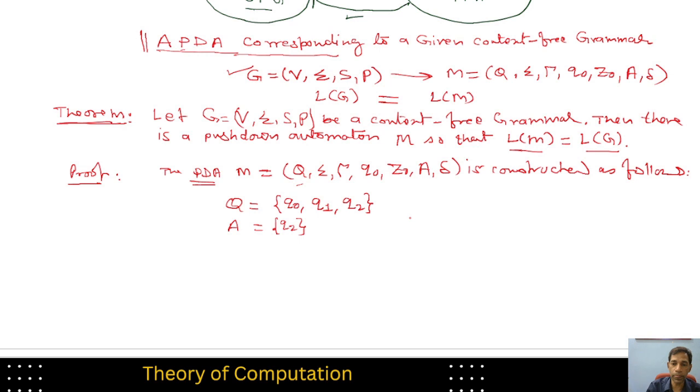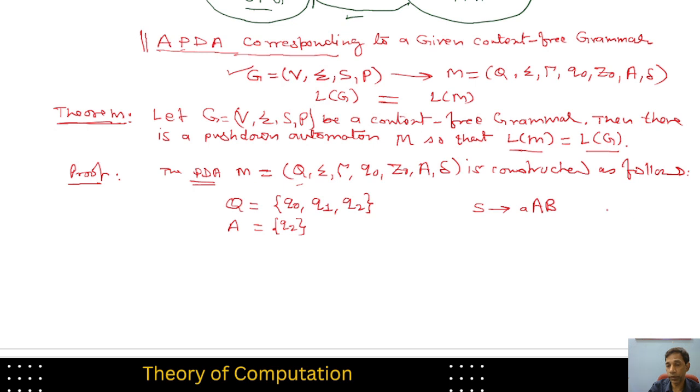So see that if you are given some grammar, like you have S derives aB, you may have the production rules in the grammar, S derives aB, and S is the start symbol.